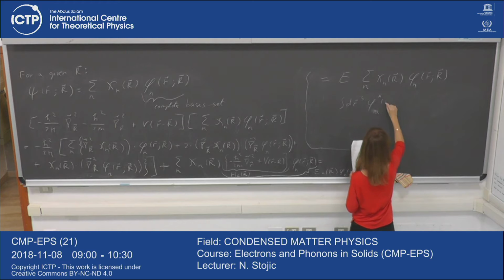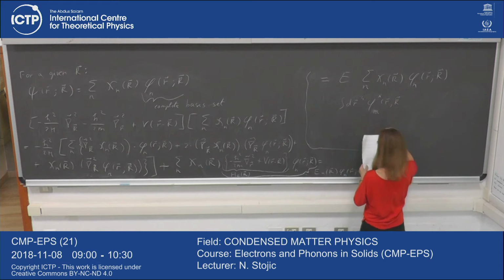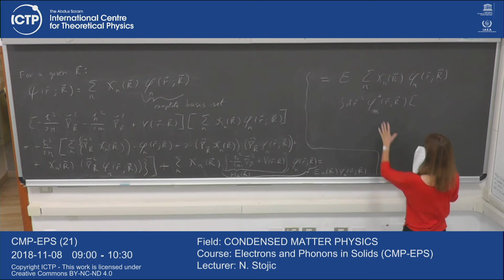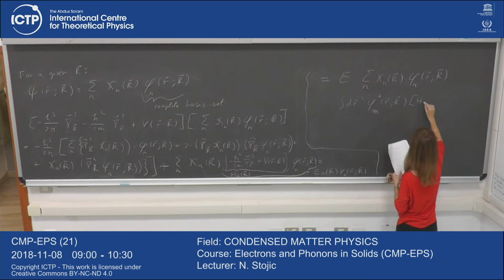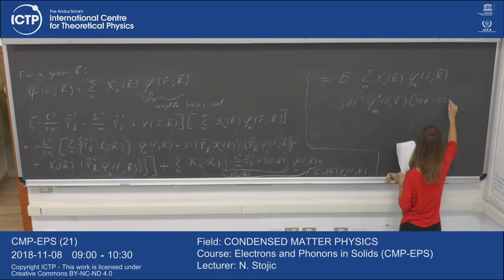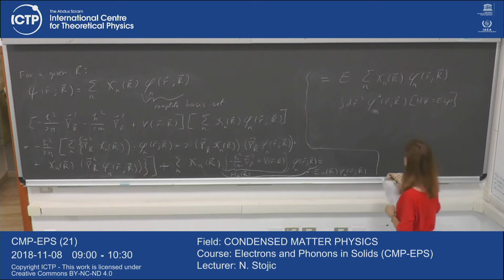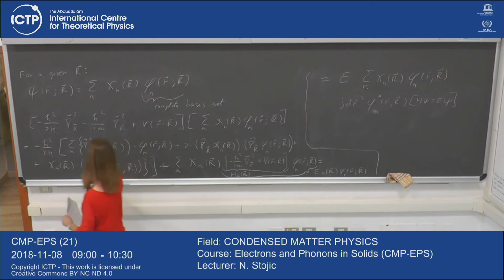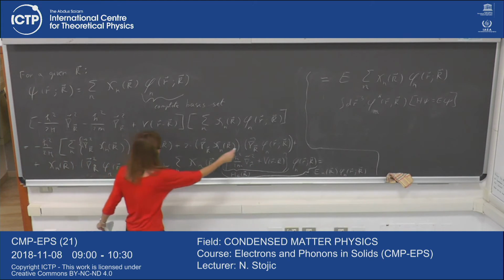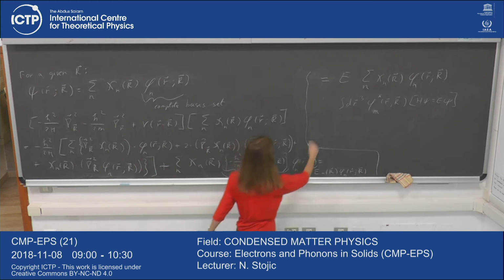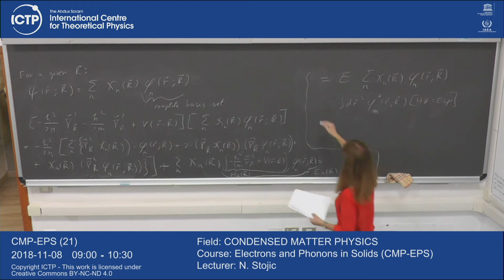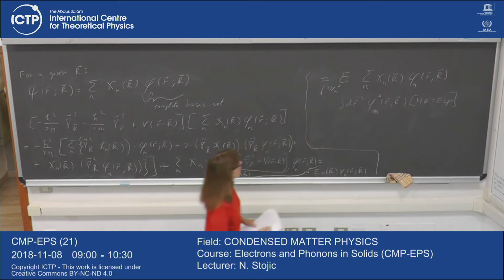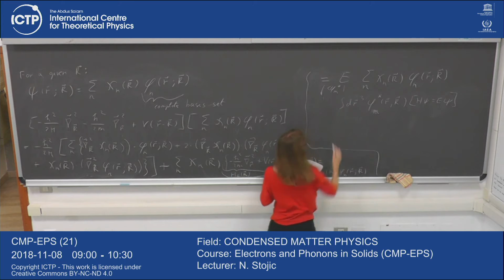So Vm star of R capital R, I will integrate this times my HC equal to EC. So what I will do is take this part of the equation that I have written here equal to ED. I will multiply by Cm star and integrate. Okay?